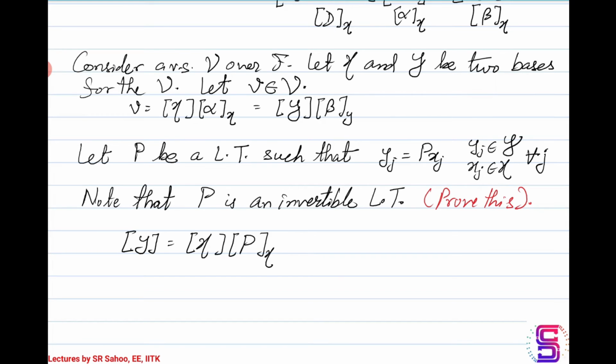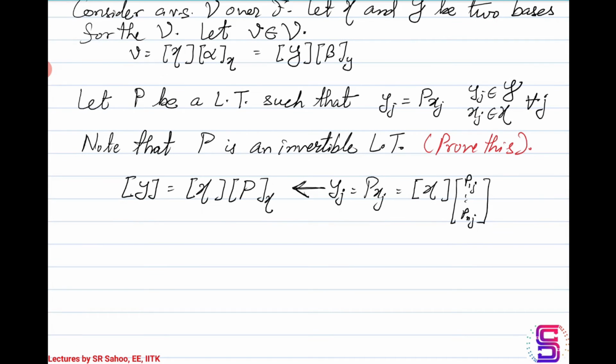Right. How do you get this? This is basically coming from the fact that y_j is P x_j, and this I can always represent as X and the column vector e_1j till e_nj. Right. So this is coming from this relationship. So this is what we have.